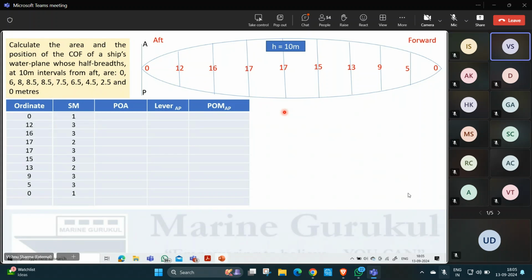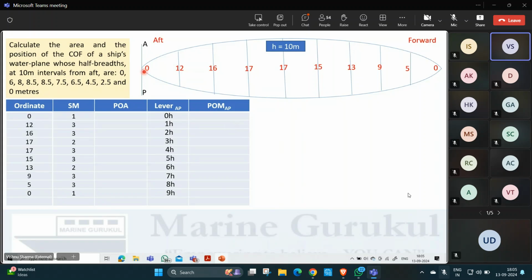So for levers, look at the diagram, guys. 0 will have 0h, then 1h, 2h, 3h, 4h, 5h, 6h, 7h, 8h, 9h, and 10h. Every time, after I write them here, before I multiply and waste my time, I go back to the diagram. If you develop this habit, it will be good.